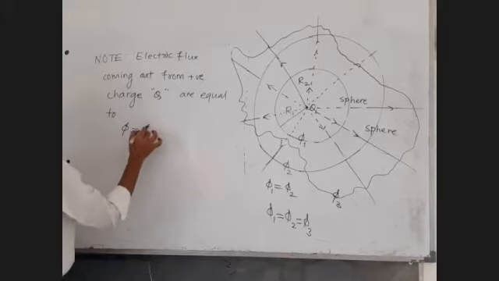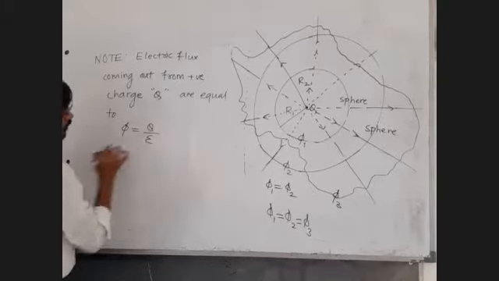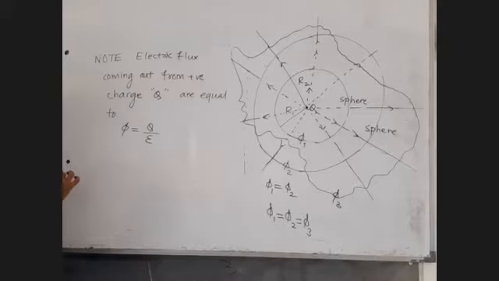Phi is equal to Q upon epsilon, that is charge upon epsilon.